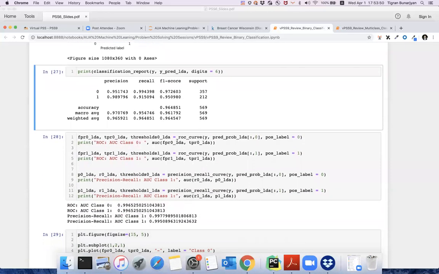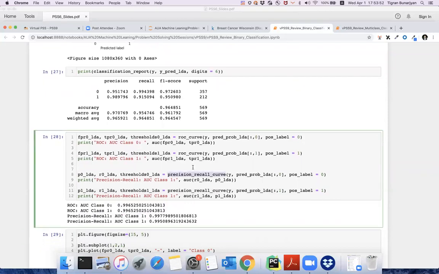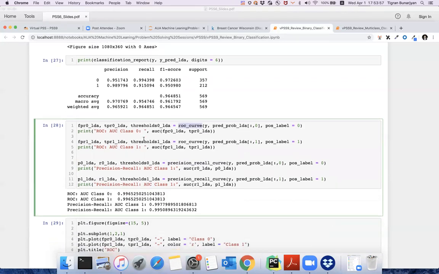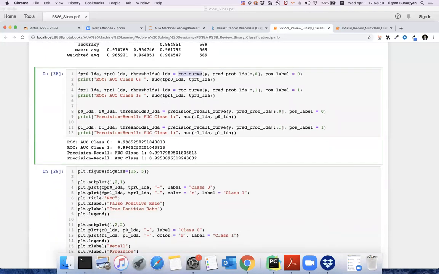Moving on, looking at the ROC curve and the precision recall curve of our LDA model, the idea is the same. We can see that we also have high AUC in here for class 0 and 1 of the ROC curve and the precision recall curve.